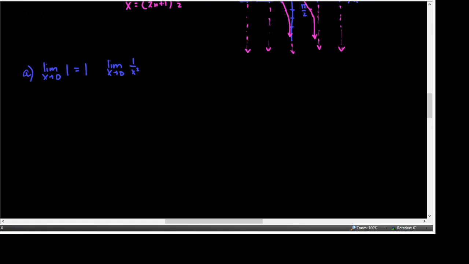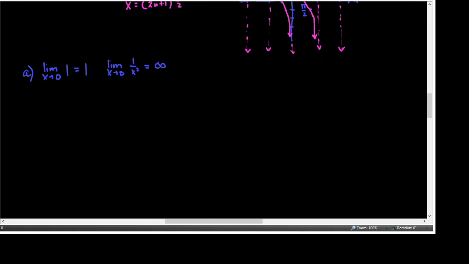So you're dividing 1 by an extremely small number, because 0.1 times 0.1 is 0.01. It's even smaller than the original number. Dividing a constant by something really close to 0 will give us an unbounded answer. And because positive divided by positive, since x squared gives you a positive result, this will be going towards positive infinity.